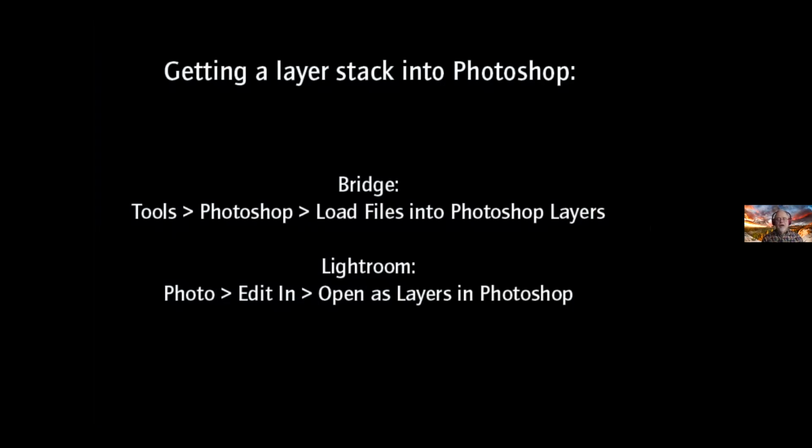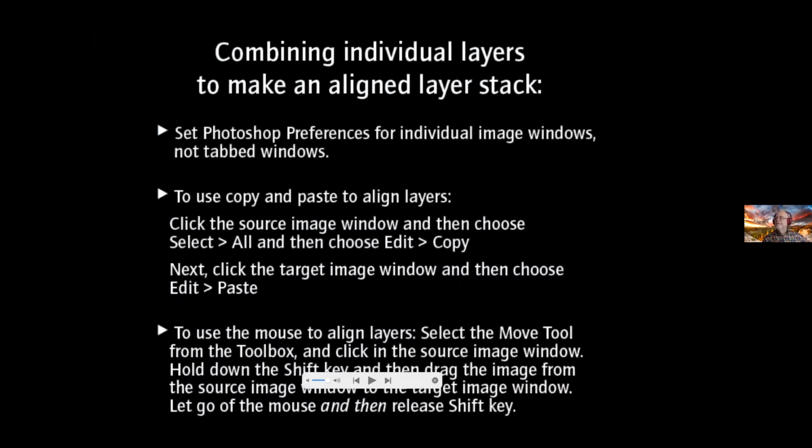In Photoshop, you load files from Bridge, you load files into Photoshop layers, double-click it if it's set correctly. In Lightroom, use Edit In, Open as Layers in Photoshop if you have multiple virtual copies selected, or you can just use Edit in Photoshop with a single file.